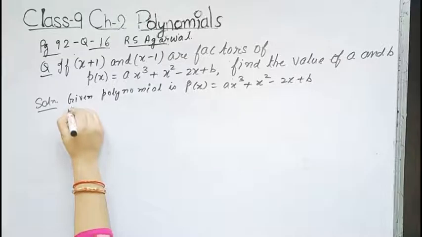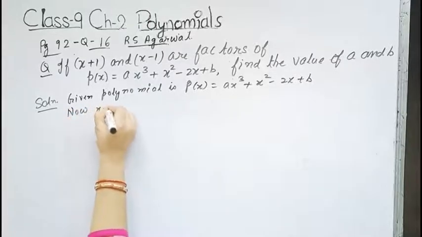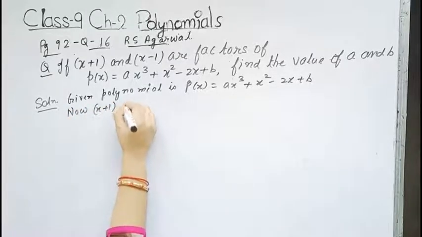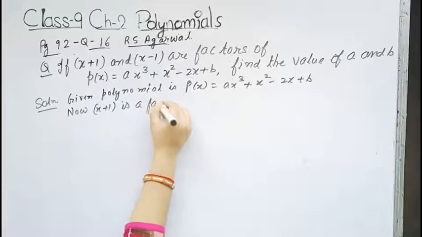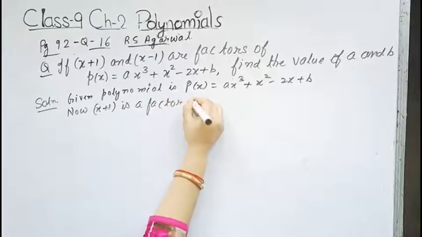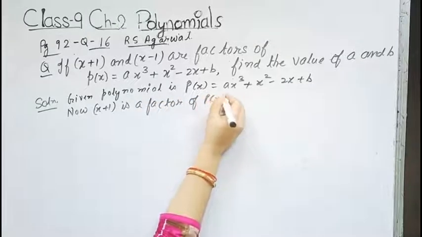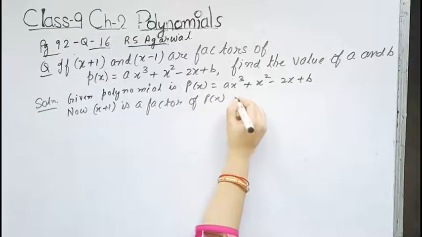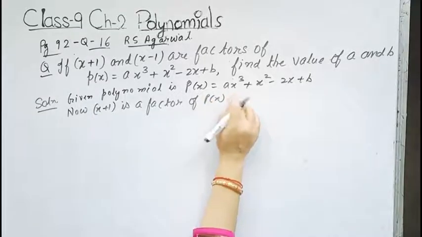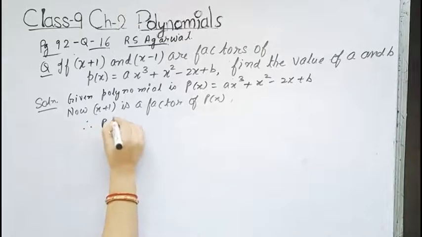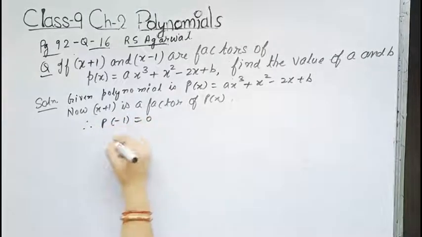Now x plus 1 is a factor of p(x). Therefore p(minus 1) equals 0.